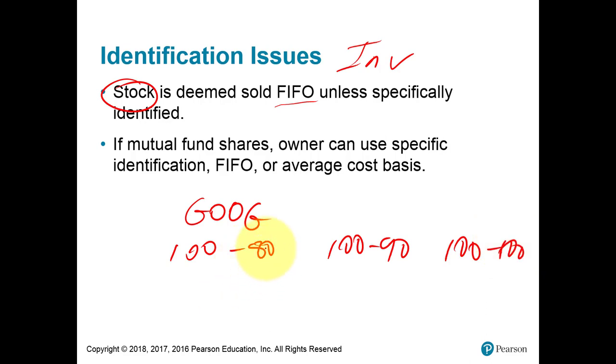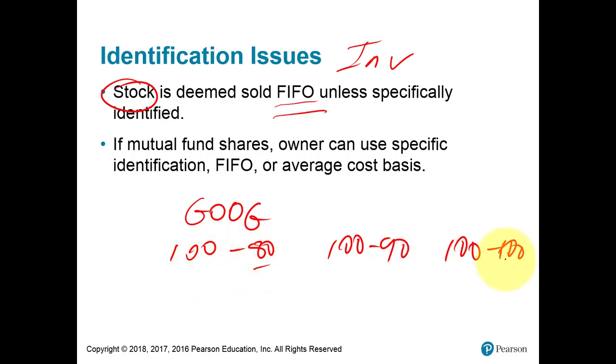Are you going to use 80 times 50, or 80 times 90, or 80 times 100? Well, if you don't identify which of the 50 shares are coming from this 300, tax rules say you've got to use FIFO. In other words, you subtract out the old costs here.